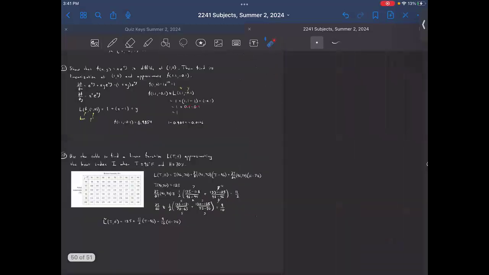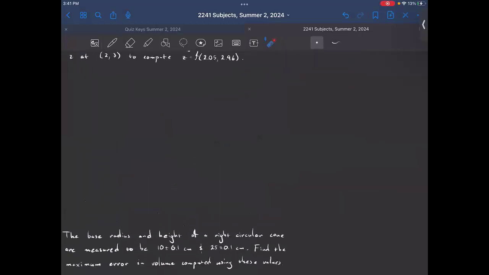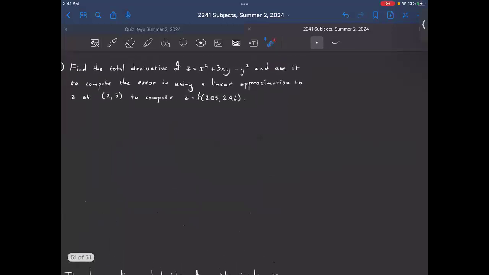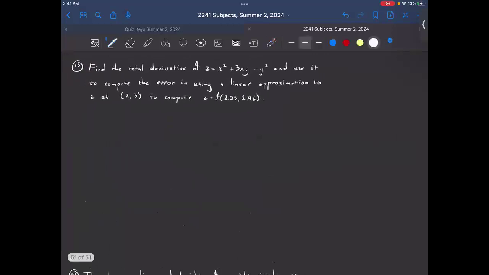All right, next page. We have 2 more problems to work out here. Once again, using linear approximations, but this time we're going to do total derivatives. So the total derivative of z here is this delta z thing. Well, actually, I guess if we're doing the total derivative, it should be a dz.